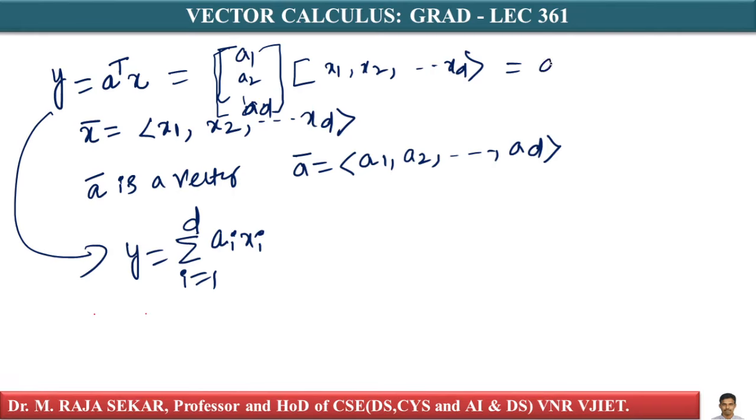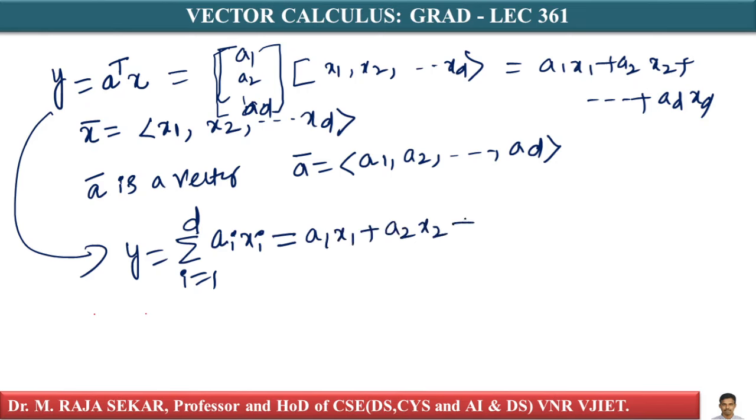This becomes A1 x1 plus A2 x2 plus so on, AD xd. That's what it says. So y equals A transpose x is the same as y equals sigma i equals 1 to d of Ai xi. I can write y equals f of x. Therefore, f of x equals y equals this one.